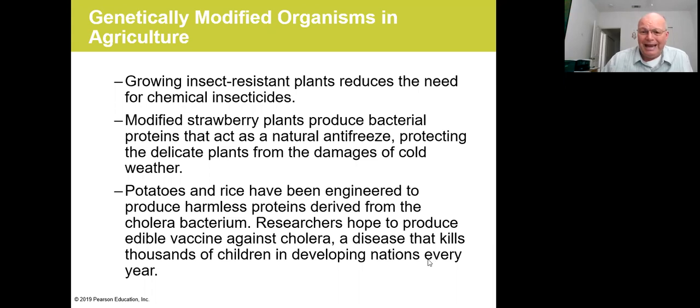The immune system then reacts against it, develops the ability to make antibodies against the cholera bacterium, so that when they get exposed to cholera, which they will on a regular basis because of contaminated water sources predominantly, no harm, no foul. The immune system knows how to deal with the cholera bacterium and kills it off before an individual becomes sick and dies of the effect of the dehydration.